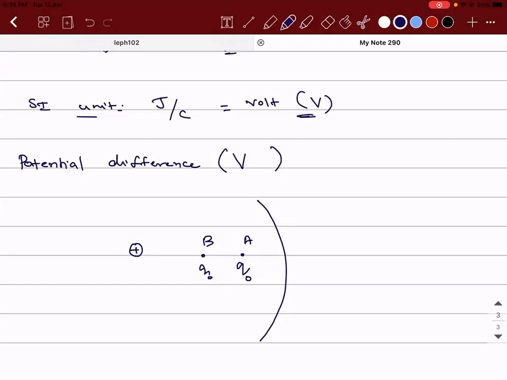Are you able to understand? So point A has a potential VA and point B has a potential VB. Then this VA minus VB is what is called potential difference. When you want to define potential difference, where should both the points be? Within the field. If you want to define absolute potential, where should one of the points be? At infinity. That is the logic. In a similar way, can I define electrostatic potential energy difference?